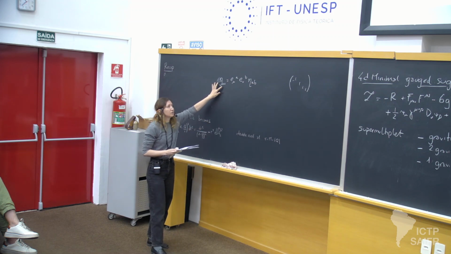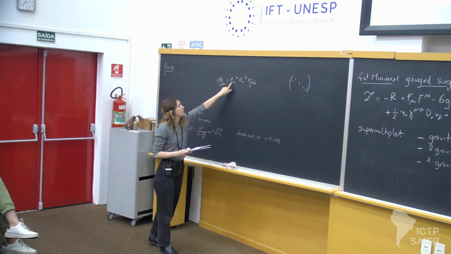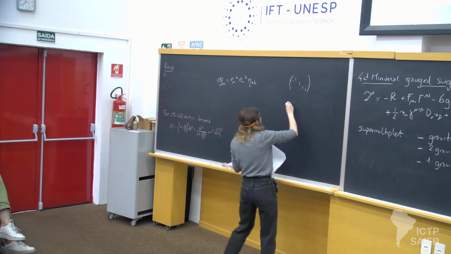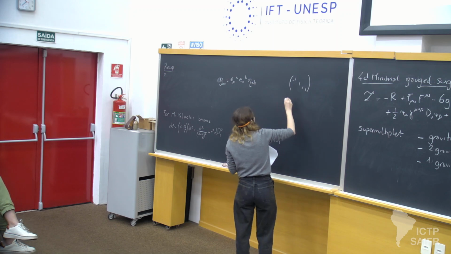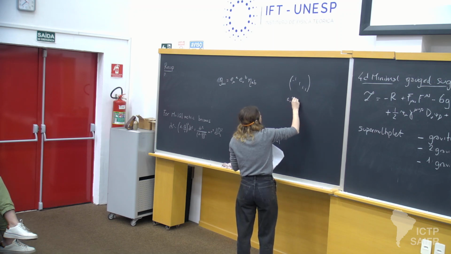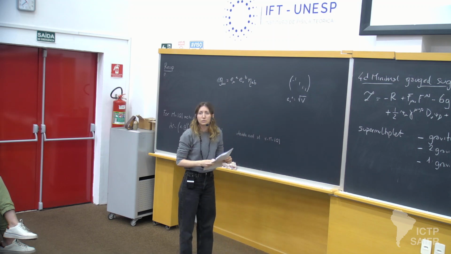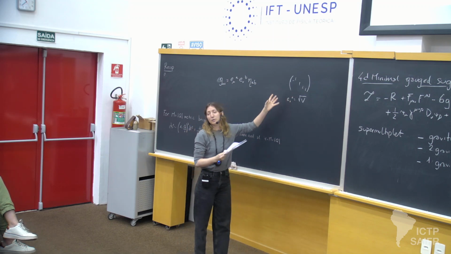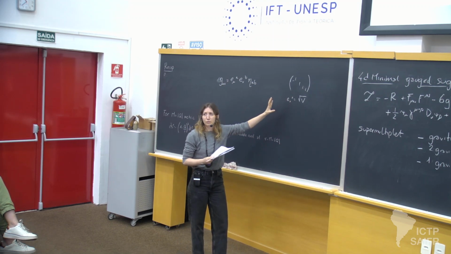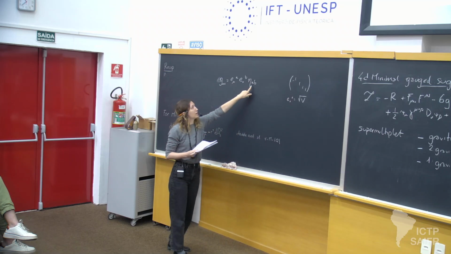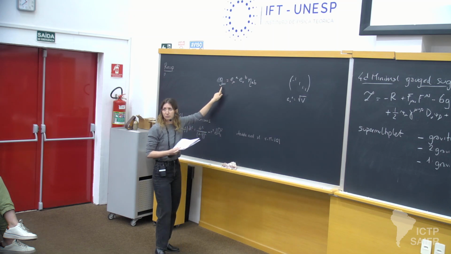When the metric is diagonal, this e mu A will have, for instance, e 1 1 equal to the square root of V. The vielbein is a choice that you make, but you find these objects in such a way that contracted with the Minkowski metric they give you the curved metric.